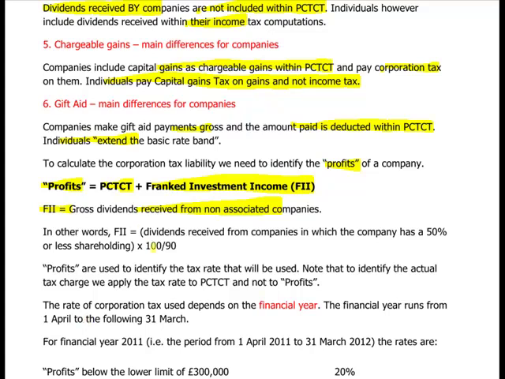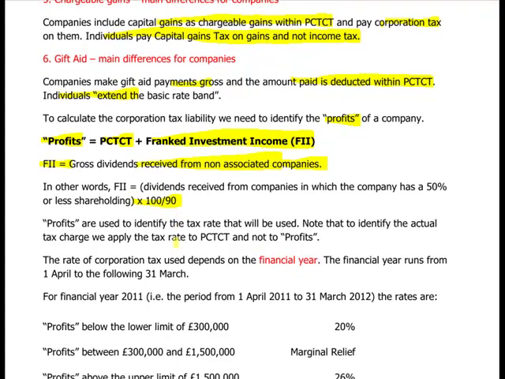FII, what is FII? It's gross dividends received from non-associated companies, so not related. What you do is you take the dividend multiplied by 100 over 90. Now, why is this important? Well, the reason it's important is because profits are used to identify the tax rate that you will use.